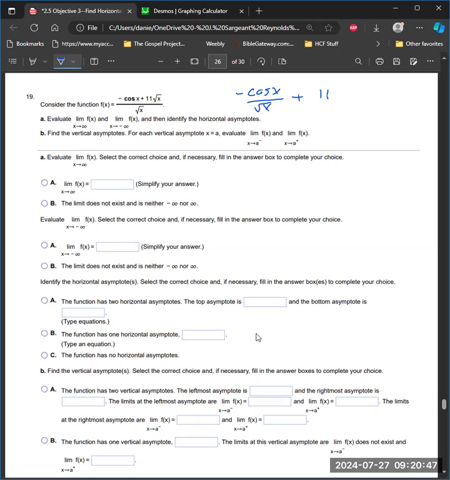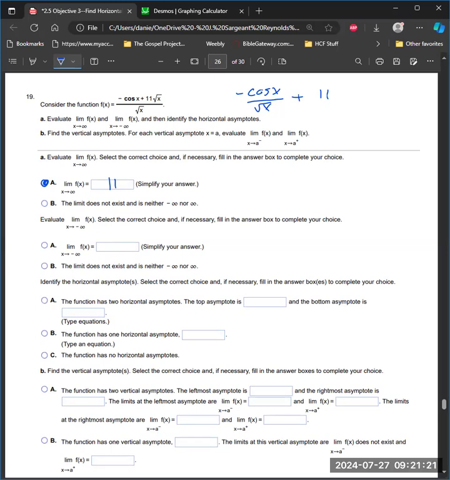This is going to go to infinity, so this part's going to go to 0 as I take the limit as x goes to infinity, and we're going to get close to 1 both times here. And as I go to negative infinity, that's not going to work. I can't take the square root of negative infinity, so that actually doesn't work.